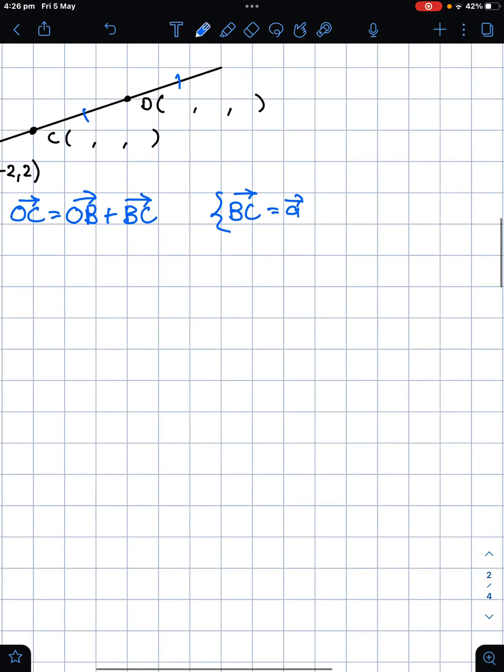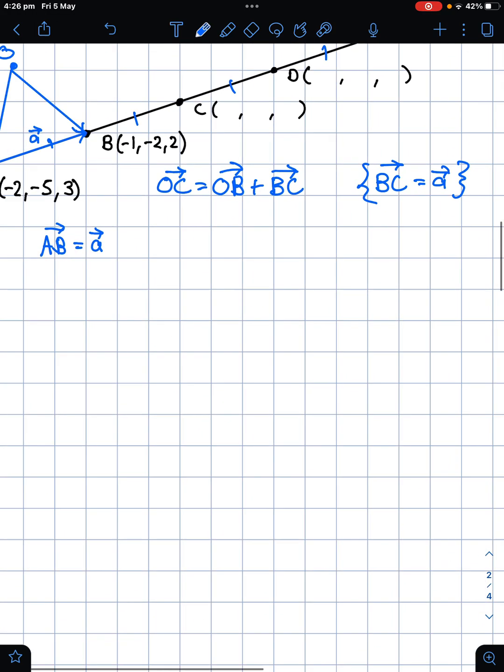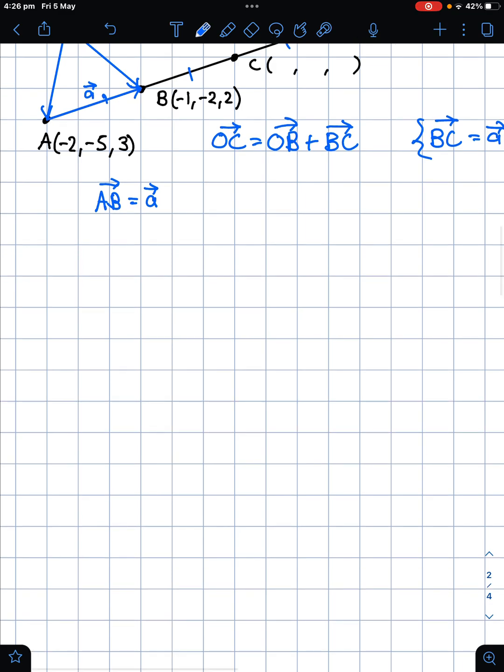So once we figure out what this AB vector is, we're golden here. So our formula again, AB, go from A to the origin, and then the origin to B.